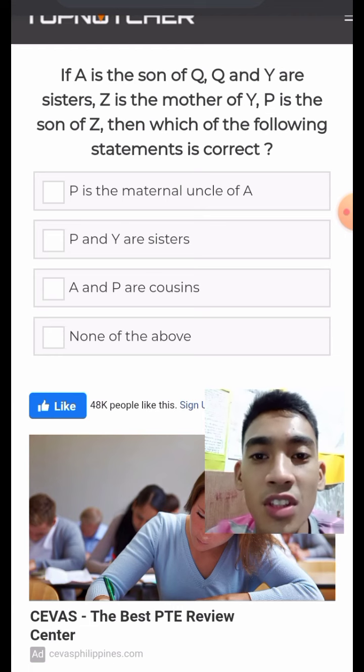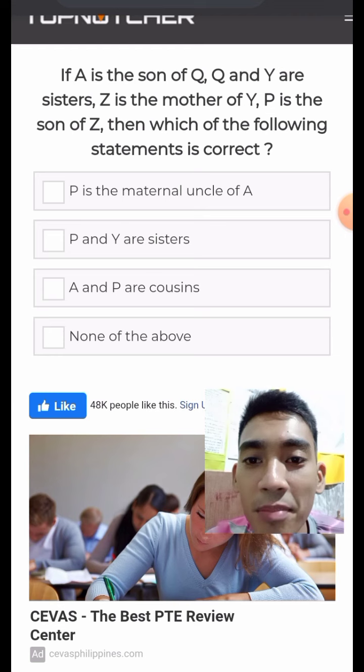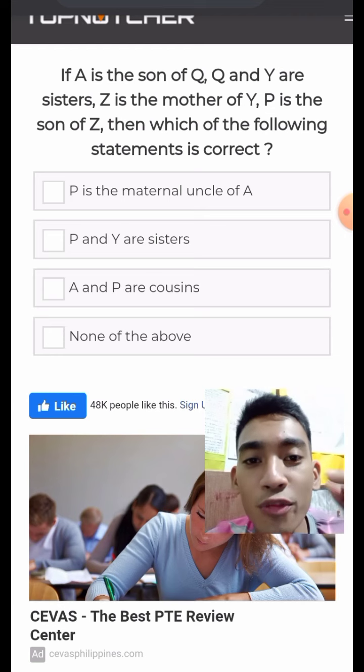So, the mother of Y is also the mother of Q, and at the same time, the mother of P. Z is the mother of P, Q, Y. Which of the following is correct?